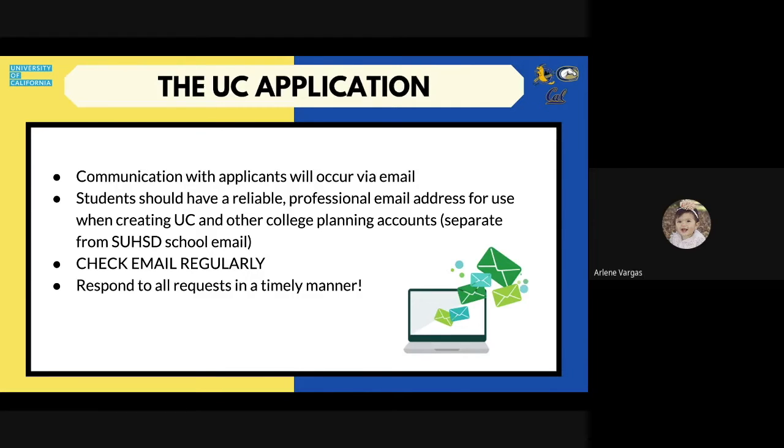The schools will have no way of contacting you, or it may be difficult for them to reach you. So you want to make sure that you have a professional, reliable email that you use specifically for these purposes, and that you check that regularly. Make it a habit to check your email every day, clean it out every day, and make sure that you're responding to anything that they need. That's really, really important.